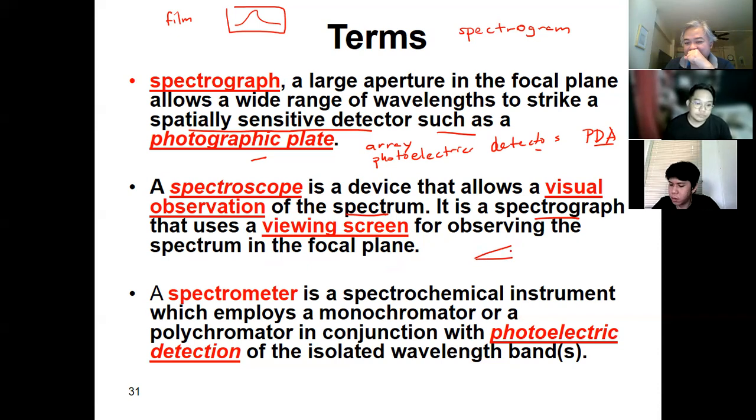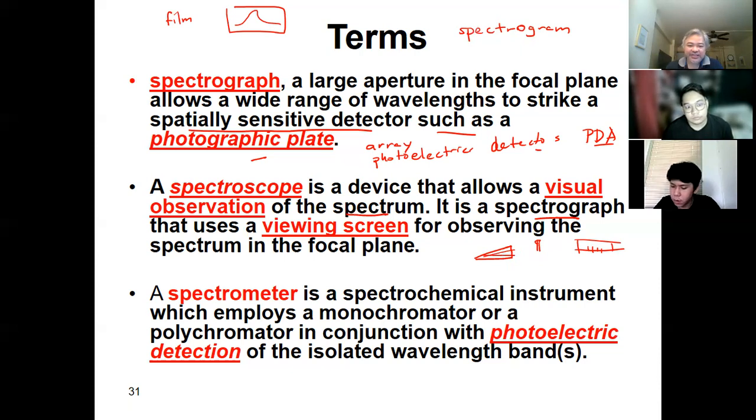Usually in the experiment, you have the spectroscope, and then the light source, let's say a lamp, and you try to get the line spectra of a particular element. That is the spectroscope.